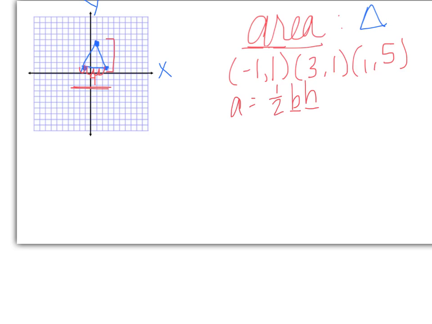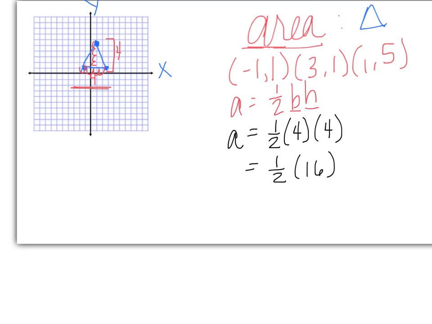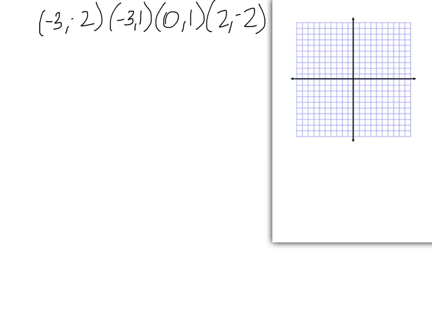So if we count 1, 2, 3, 4, our height is also 4. So let's go ahead and plug those in. Area equals 1/2 base, which is 4, and our height, which is 4. So I'm going to multiply 4 by 4 first. So 1/2 of 16, or 16 divided by 2, which is 8. And then don't forget, we need to include units squared.